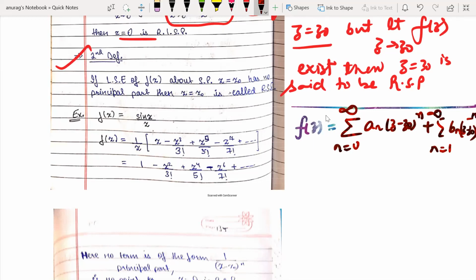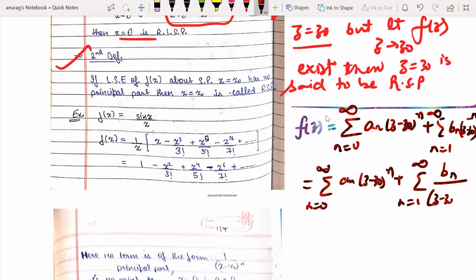Or some people write it as sigma n equal to 1 to infinity b_n over (z minus z naught) to the power n. I told you this first part is called the analytic part.